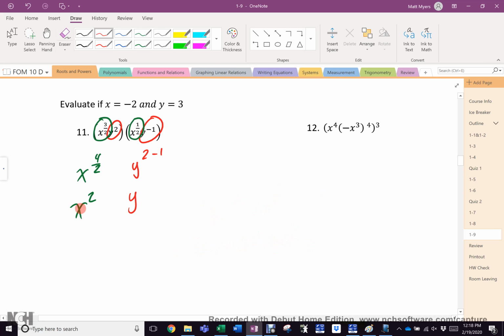What's negative 2 squared? 4. What is y? What's 4 times 3? 12. Wait, can you say that one more time? That last part, I zoned out. Negative 2 is x, so that is negative 2 squared, which is 4. 3 is y. 4 times 3 is 12.